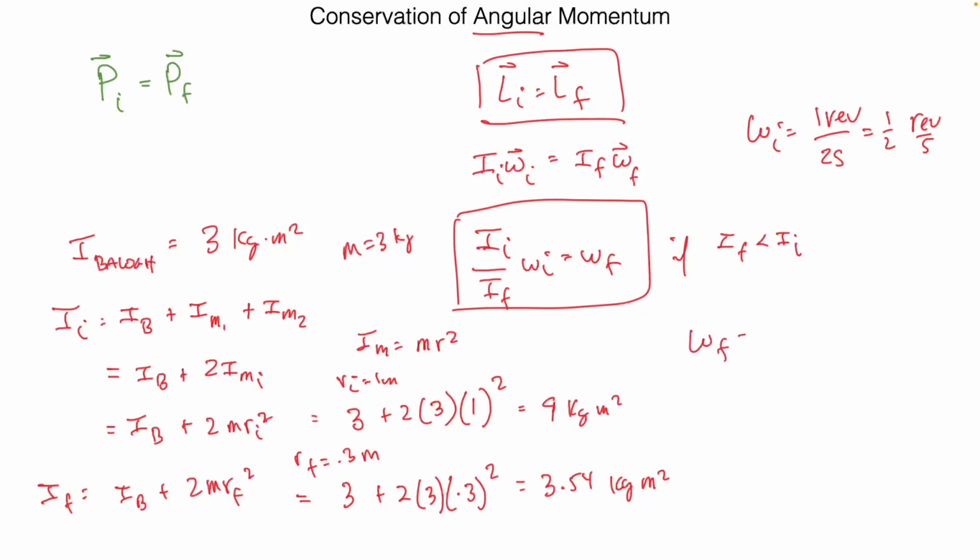So, calculating this out, I'm going to get my initial, which was 9, over my final 3.54, times my 1/2 revolution per second. And I did not do this. I said 3/4 of a revolution per second, which isn't right.